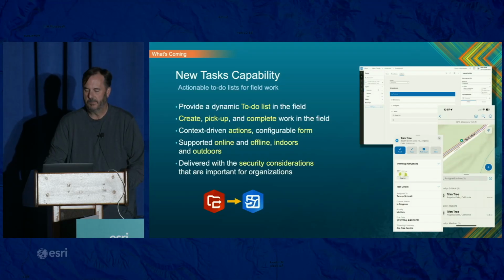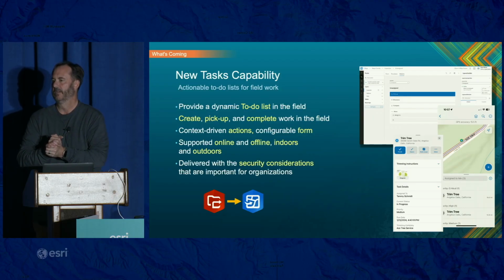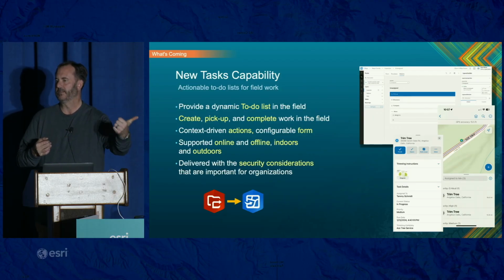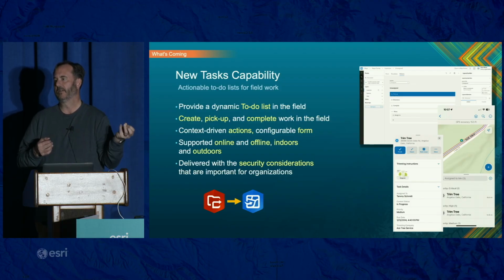On the tasks capability, if you're familiar with ArcGIS Workforce, this will become its replacement. So I mentioned earlier we had Collector, Explorer, Tracker as separate apps that became Field Maps. Now we'll have Workforce in there. But we didn't just bring existing Workforce in, we blew it up. And so now you've got the ability to leverage more of the system architecture like you couldn't do with Workforce.